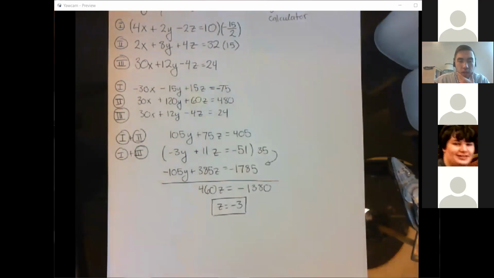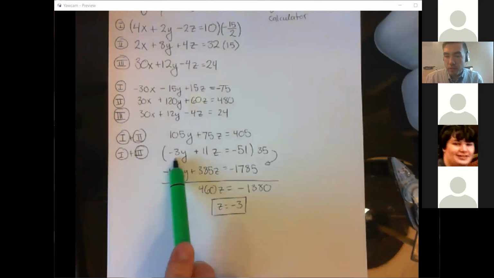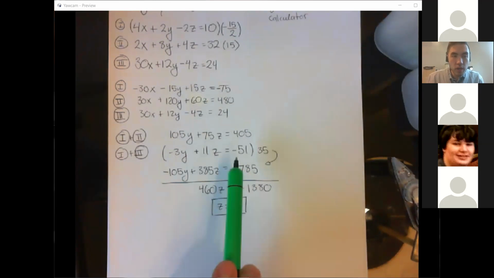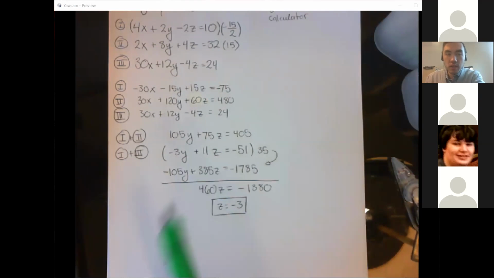And I believe everybody out there who might have taken some other paths, so long as you make no mistakes, you should end up with the same answer anyway. Are there any questions here on what I've done so far to get z? No. No? Okay. So let's just pull this equation right here, negative 3y plus 11z is equal to negative 51. We'll pull that guy in order to get y, because y is already almost isolated.